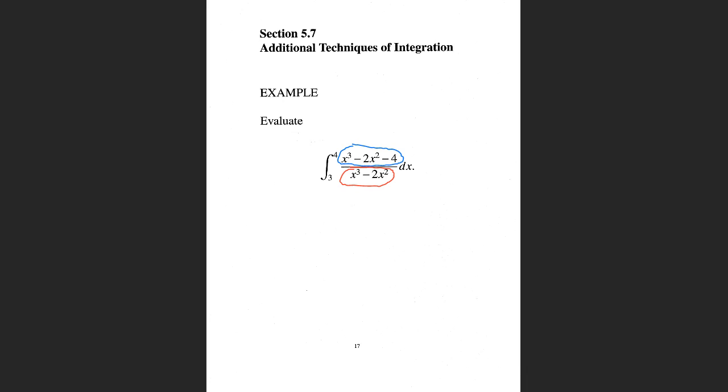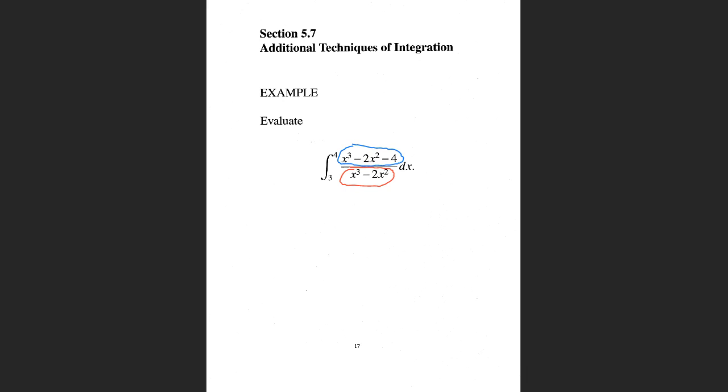So when that happens, they talk about it in the book, in section 5.7 after example 4, they have a note saying that if the degree in the numerator is the same as that of the denominator or higher, then you have to perform long division first.